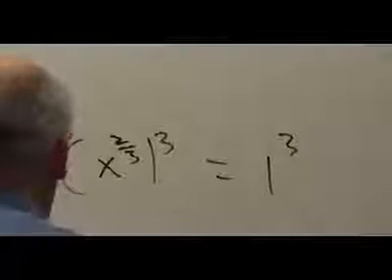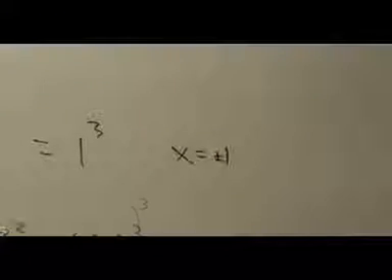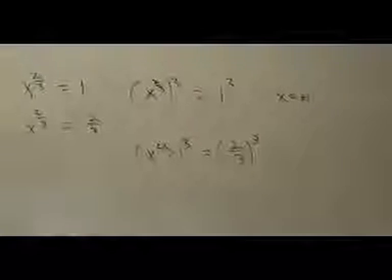Thirds, plus 3 equals 1/3. We're going to go x to the 2/3 times 3 equals 2/3. Which is going to give you x equals 1, plus or minus the 5 halves.